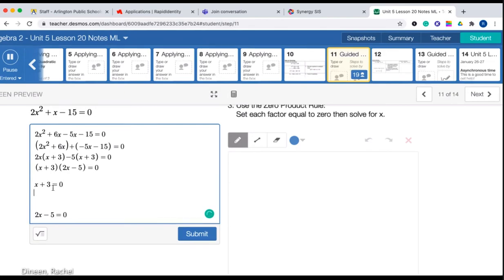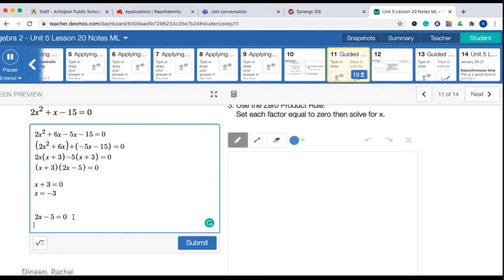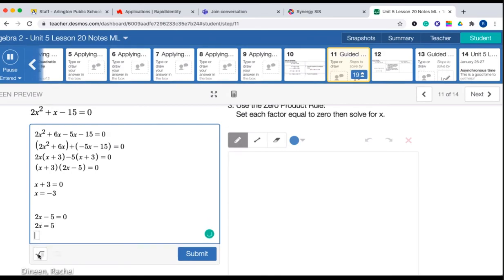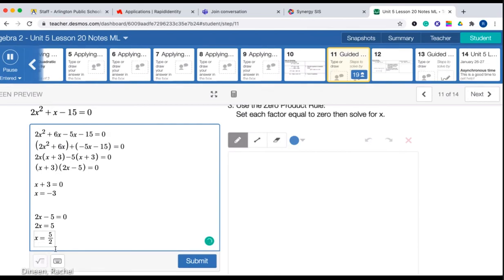For my first factor, I subtract 3 from both sides, so x equals negative 3. For my second factor, I'm going to add 5 to both sides, so 2x equals 5. Then divide both sides by 2, so x equals 5 halves.